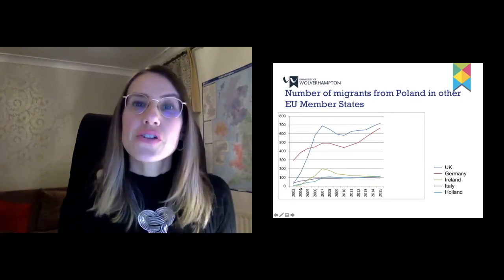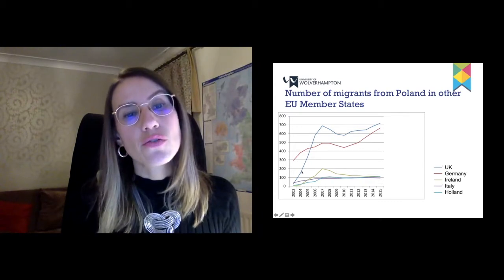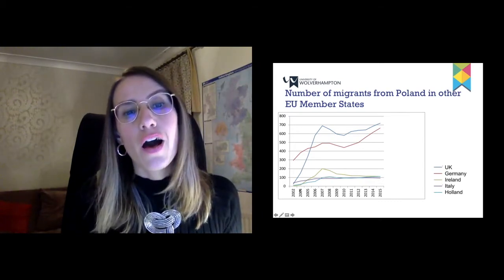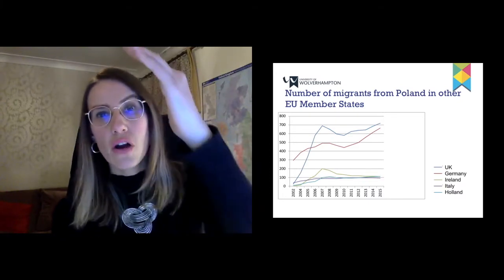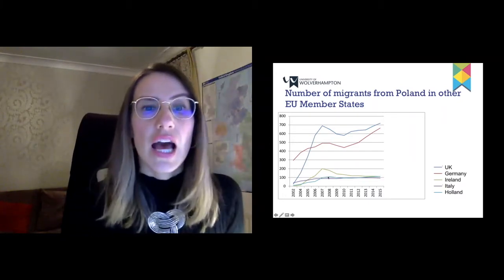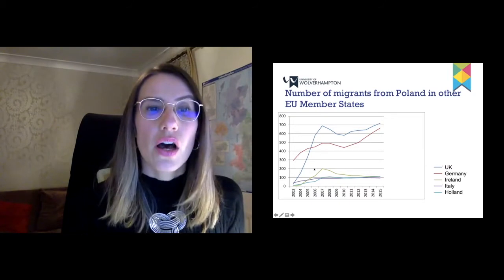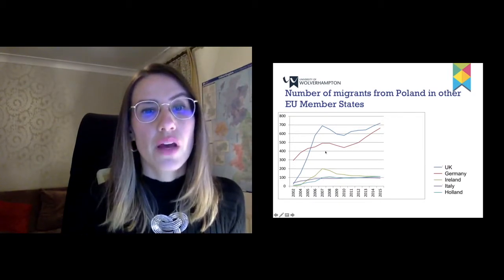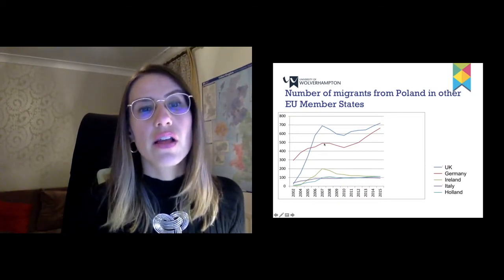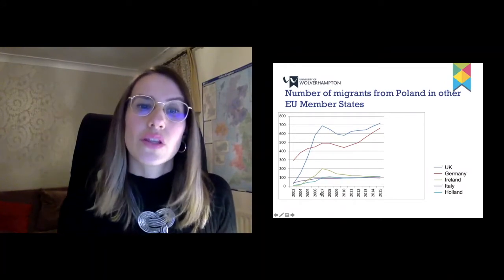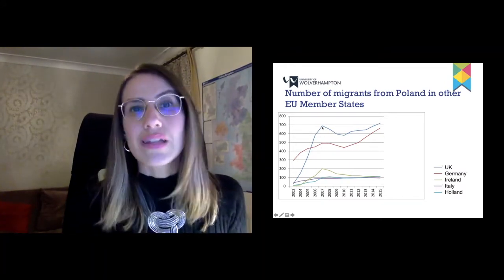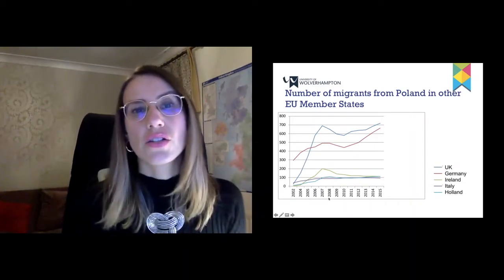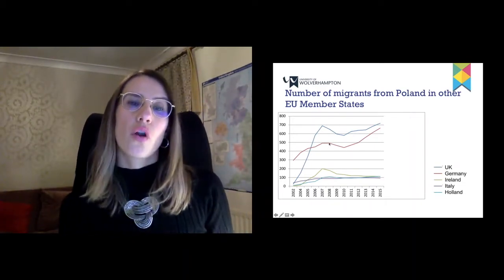So let's have a look at what happens in 2004 with the number of Polish migrants in the UK. It's skyrocketing, isn't it? And the biggest number is, as you can see, in 2007, the peak of this migration, when we look at this initial time following the accession.